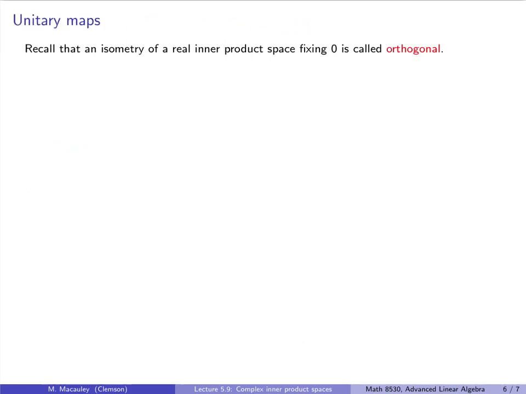Recall that an isometry of a real inner product space that fixes the zero vector is called orthogonal. An isometry of a complex inner product space fixing zero is called unitary. I really don't know why they use different terms for this, especially because we have a notion of orthogonality of vectors in an inner product space, but it is what it is.